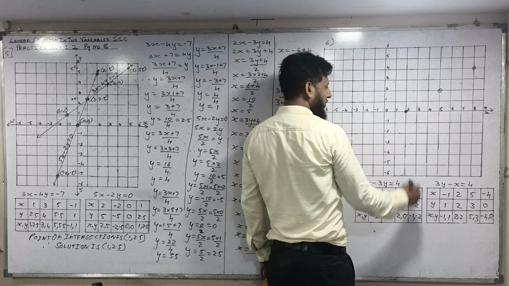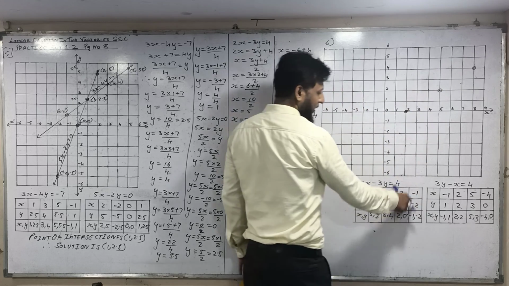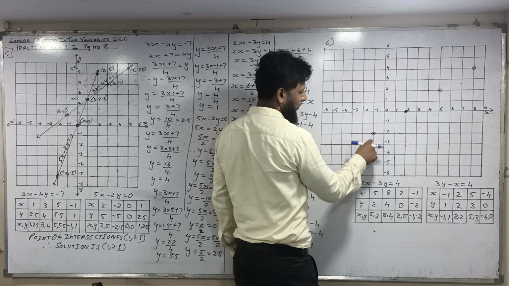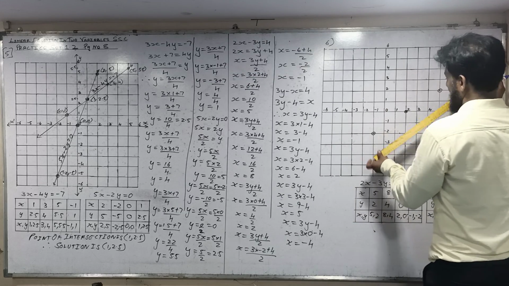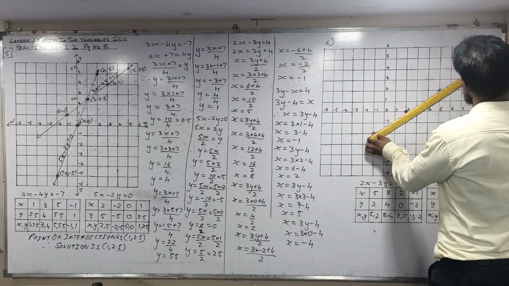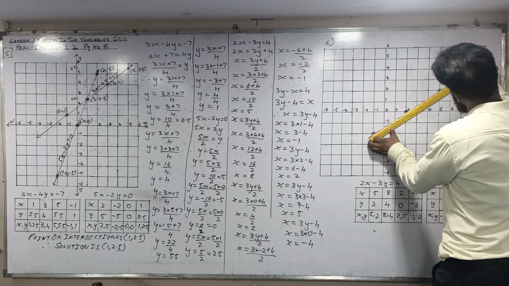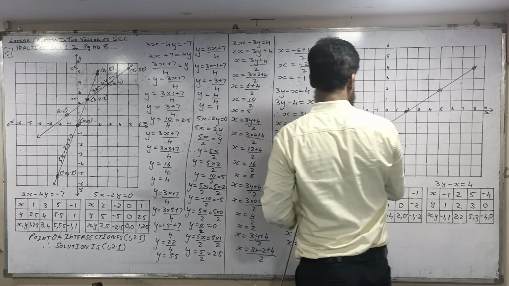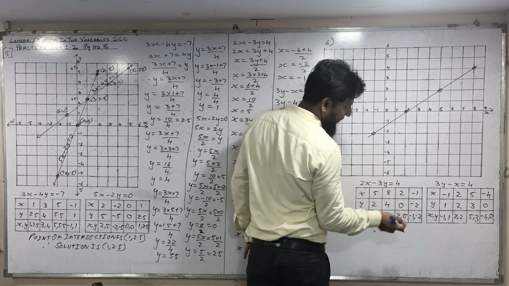And x value minus 1, y value minus 2. So now draw the line. I have drawn this line; later on we'll arrange it.